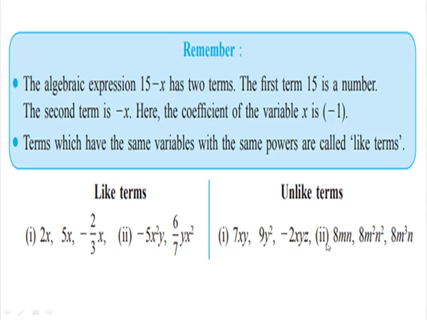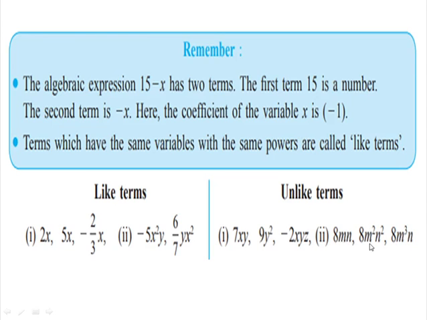Now, if you look at the second example, 8mn, 8m square n square, 8m cube n. In this second example, even though the variables are the same, that is m and n, their indices are different. Here the index of m is 1, here it is 2, here it is 3.